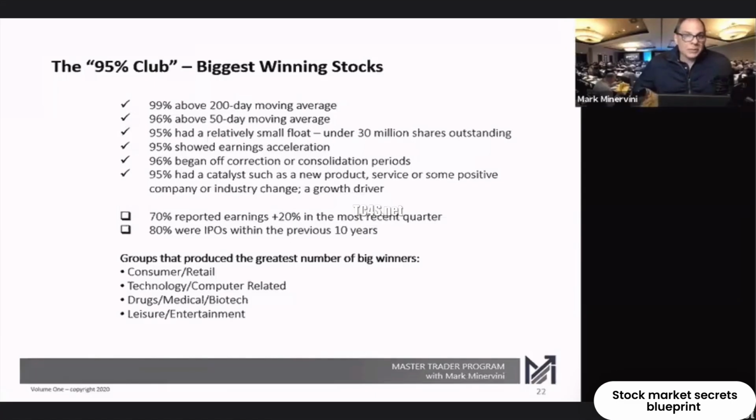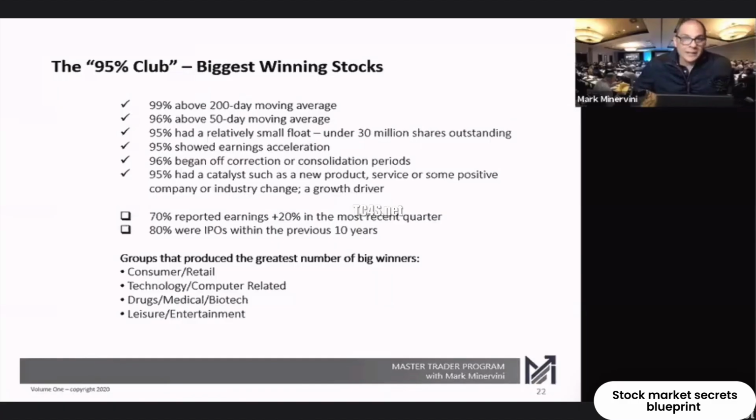But what I found was 99% of these big winners were trading above their 200-day moving average when they made this big gain. 96% made that gain above their 50-day moving average. 95% of them had relatively small floats. If you went back to 1970, the float was 3 million to 5 million shares outstanding.